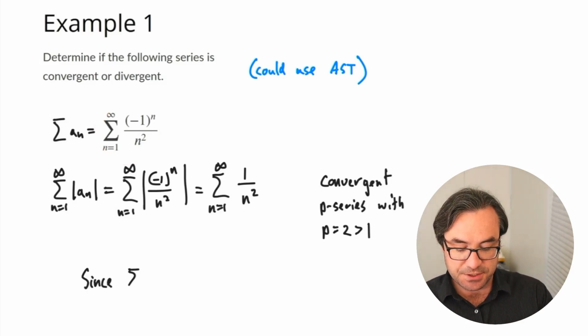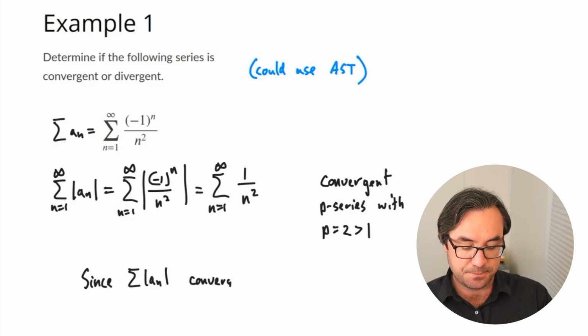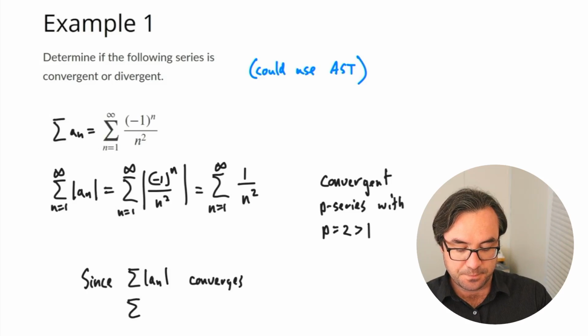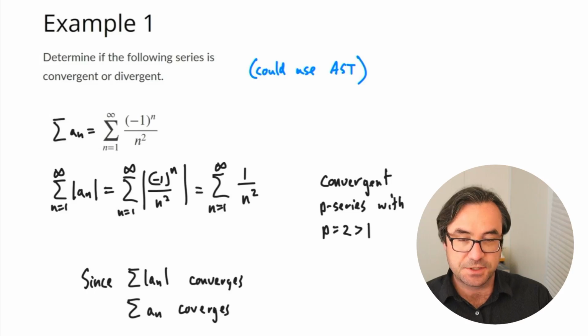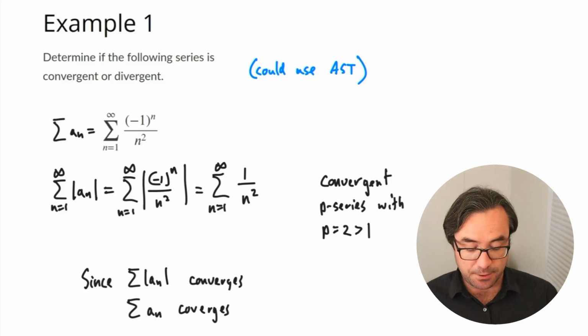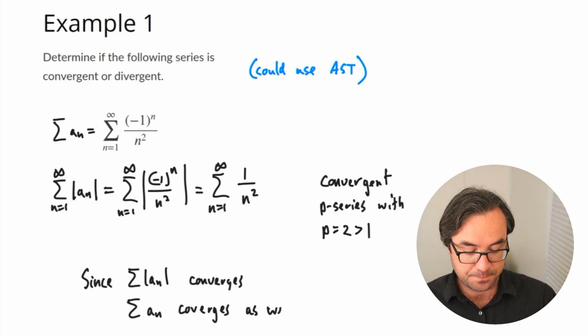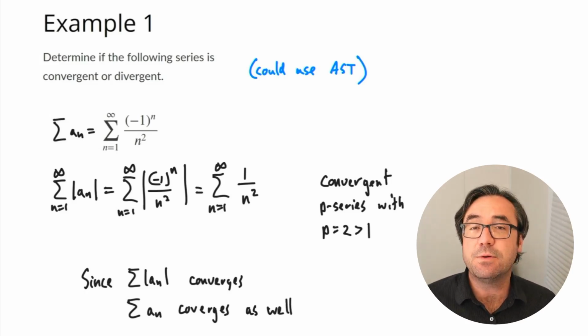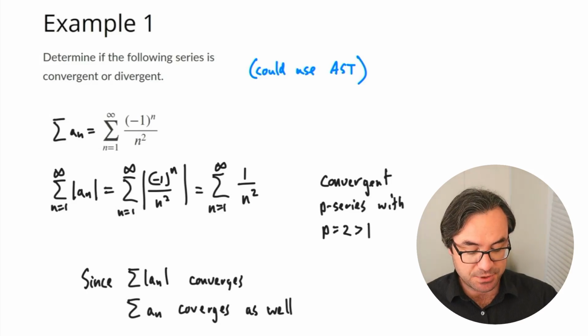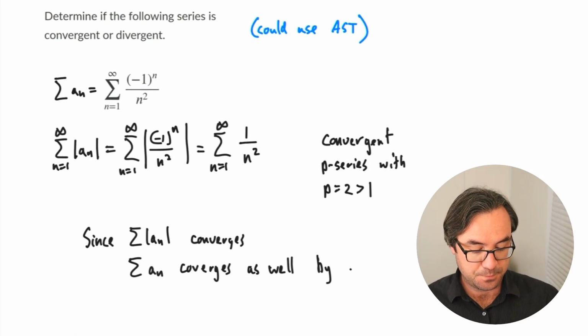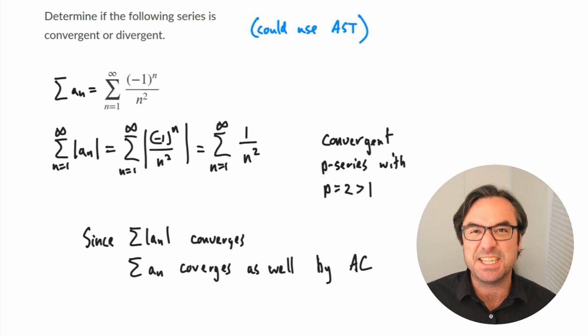So since sigma absolute value an converges, sigma an converges as well. And then we just want to state which test we're using. So we're using absolute convergence, we'll call it the AC test.